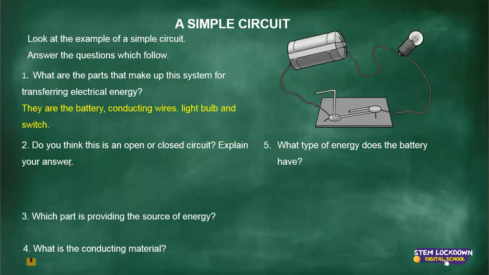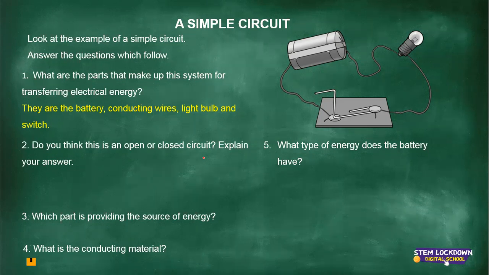Does anyone else want to have a chance? So what do you think is a closed or an open circuit? How would you explain a closed or an open circuit? Ratabele, my host will unmute you. Hello, ma'am. An open circuit is when the bulb can light up, and then the closed circuit, it means that the bulb can light up because of... Okay, if it's open, then the energy wouldn't pass through the wires.